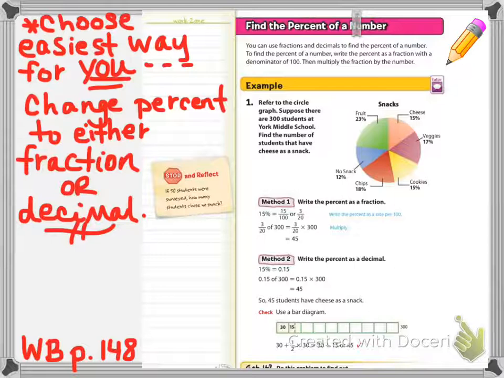Okay? We are in the workbook on page 148. So you can use either fractions or decimals, and then you're going to multiply. So in the example here, you're looking at the circle graph. There are 300 students.